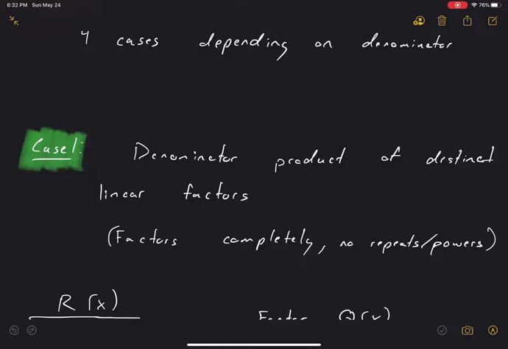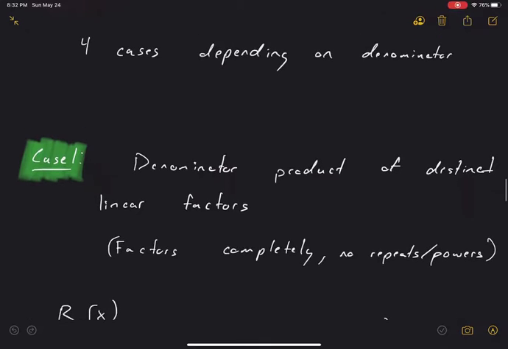Okay. So case 1: the denominator is the product of distinct linear factors, meaning we can factor that denominator completely, and when we factor it, there's not going to be any repeats or powers. What do I mean by that?